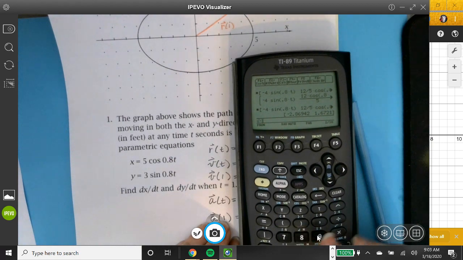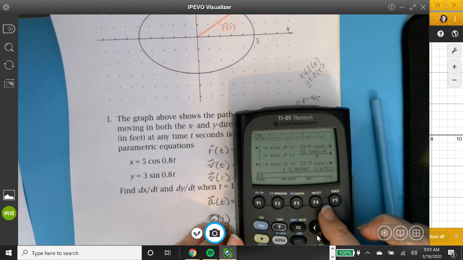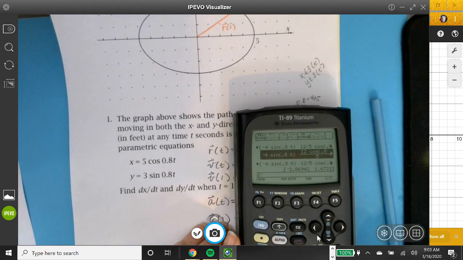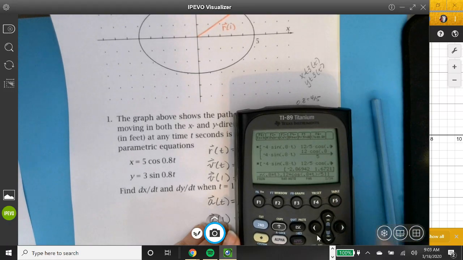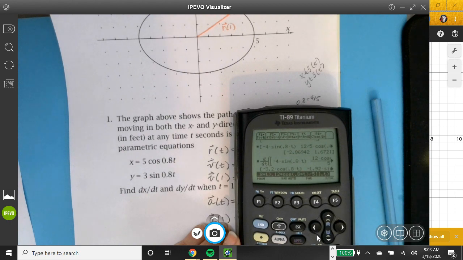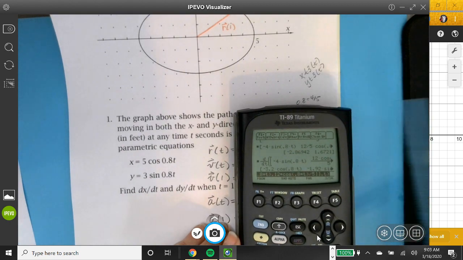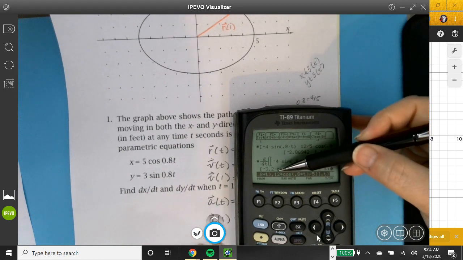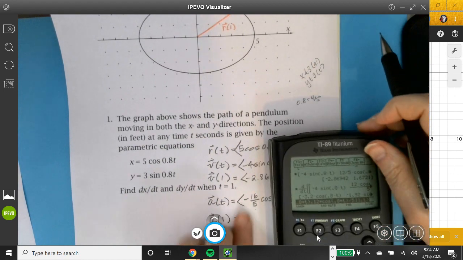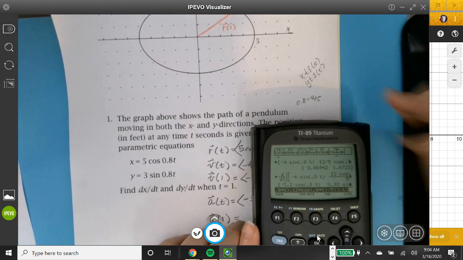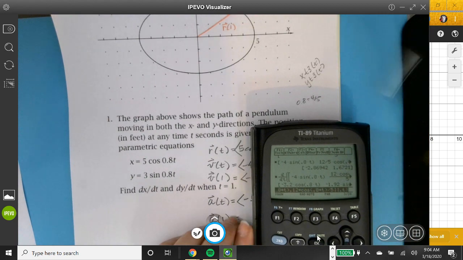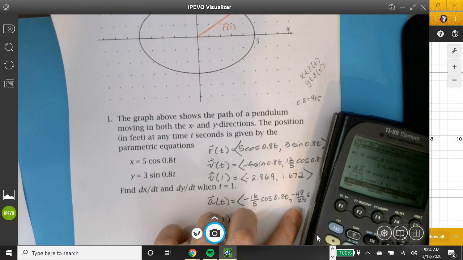So second number 8, and I'm going to go up and grab my velocity vector, bring it down, and go comma. What do I want to take the derivative with respect to? With respect to t, and then I'm going to close the derivative, and there it is. It's going to give me my acceleration vector, which is very, very cool. And so this is negative 3.2, which certainly looks like negative 16 over 5. And then I'm sure that negative 1.92 is going to be negative 48 over 25.